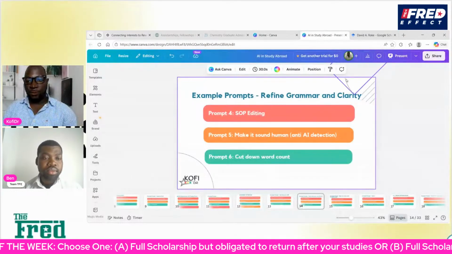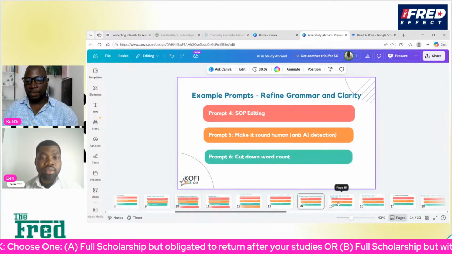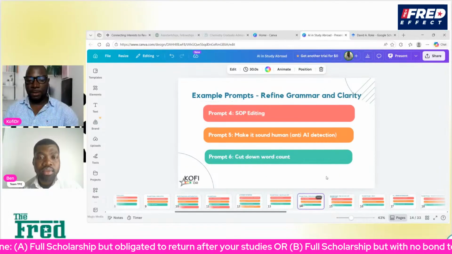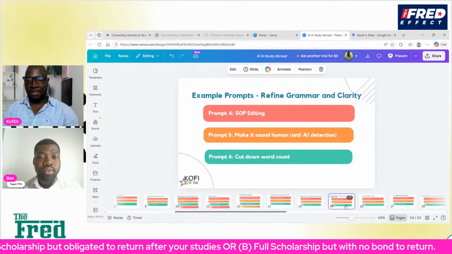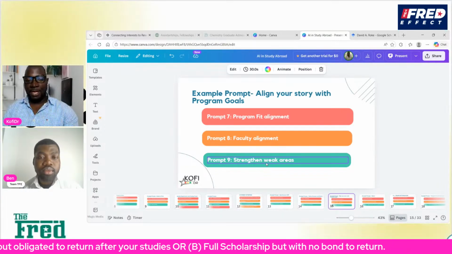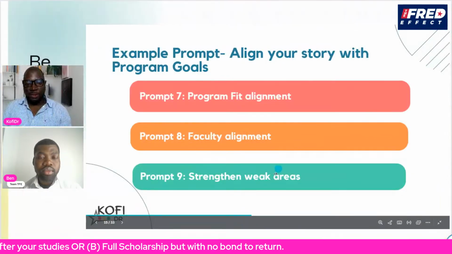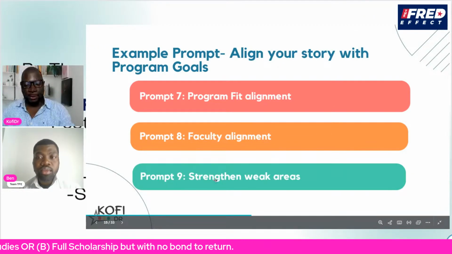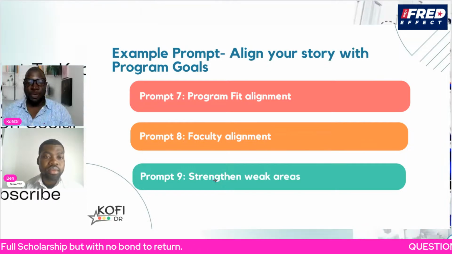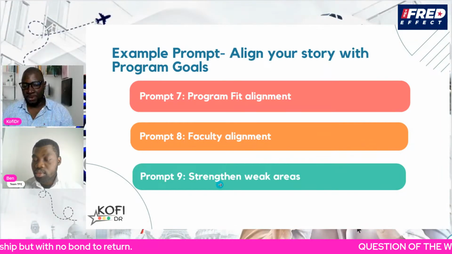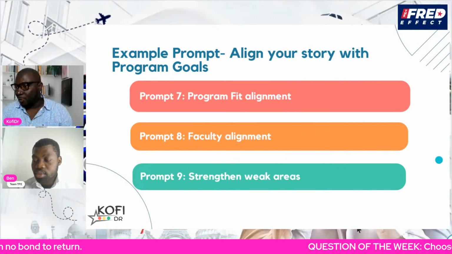The next will be, we have this, we have 15. Strengthen weak areas. So you can use your AI to help you strengthen weak areas within your statement of purpose.